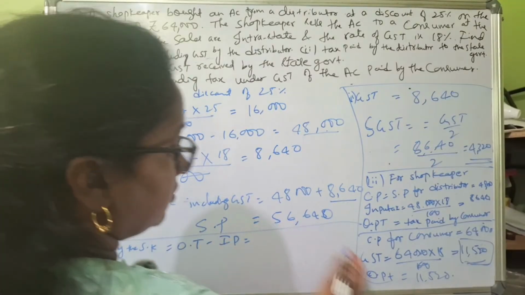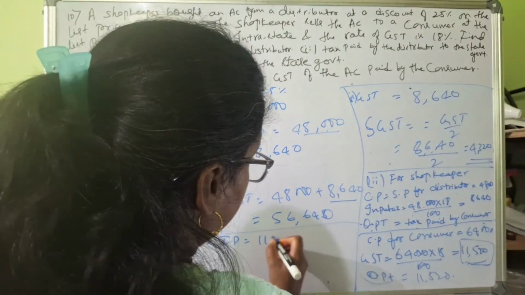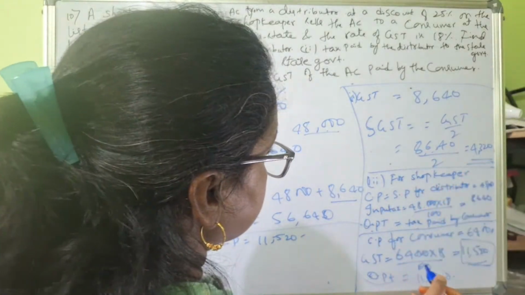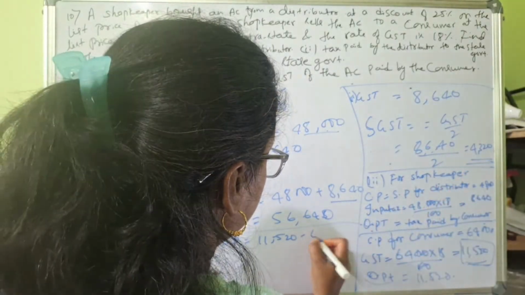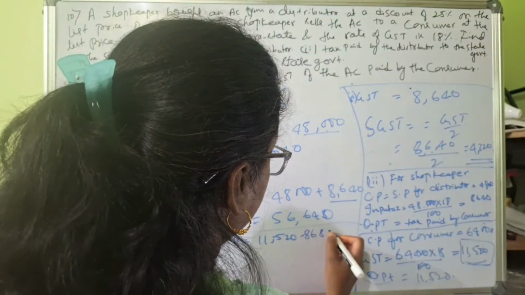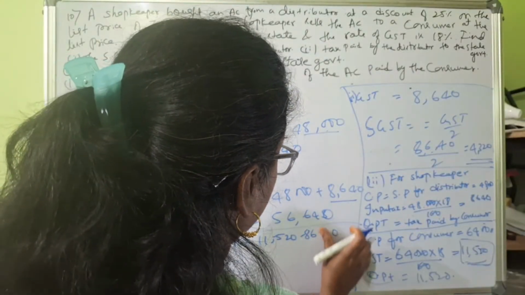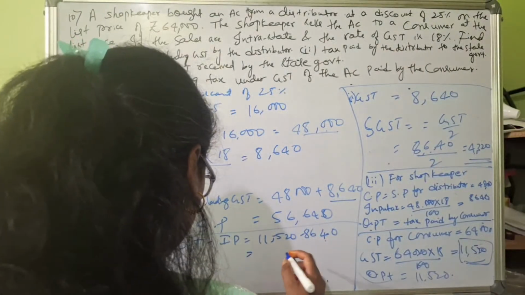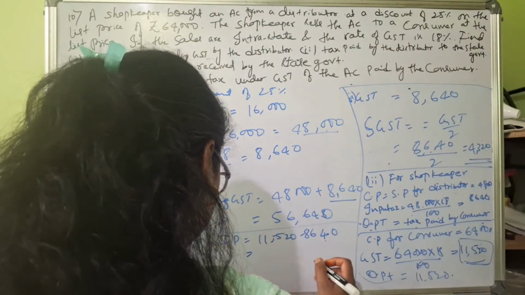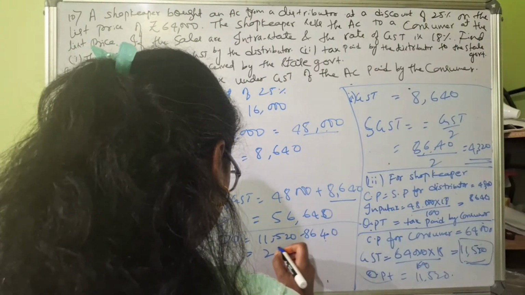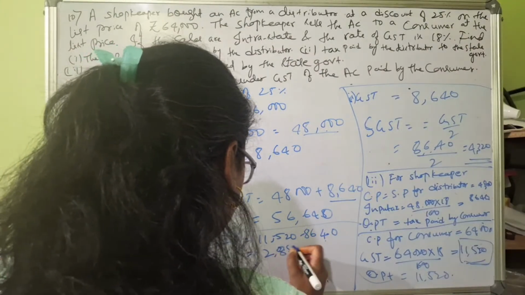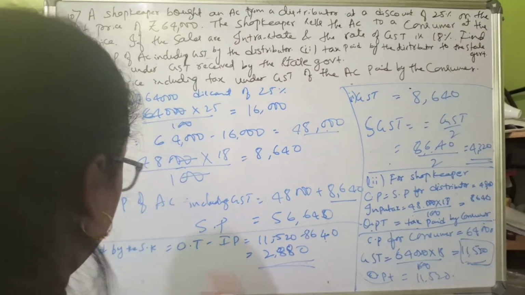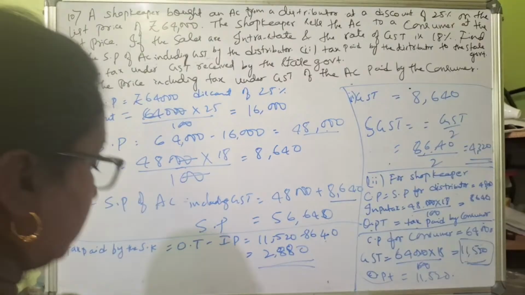Output tax is 11,520 and input tax is 8,640. So tax paid by the shopkeeper to the government is 2,880.